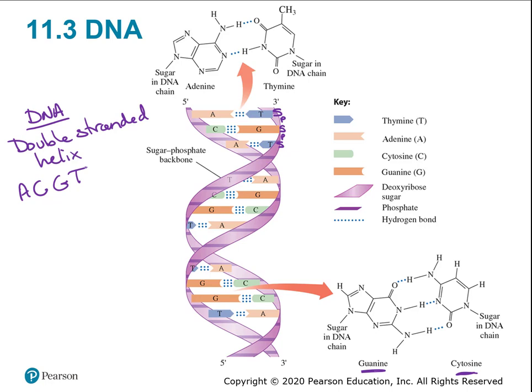A hydrogen bonds with T. C hydrogen bonds with G. And that's what helps hold them together. And we're talking about 3 billion nucleotides.